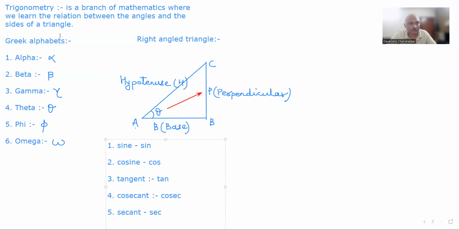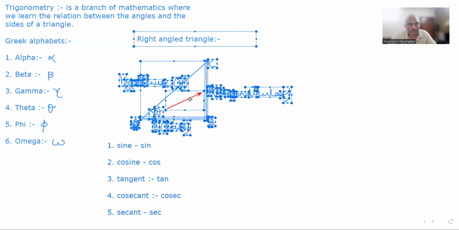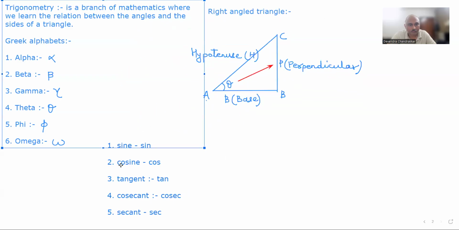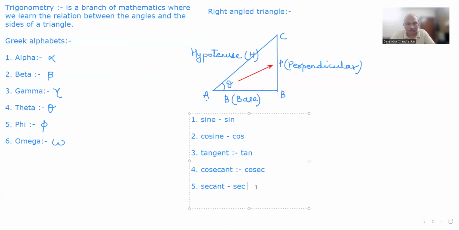And the sixth one is cotangent. Okay, it is cotangent. In short, it is written as cot. So sine, cos, tan, cosec, secant, cot. These are the 6 basic functions of trigonometry which we will be using.